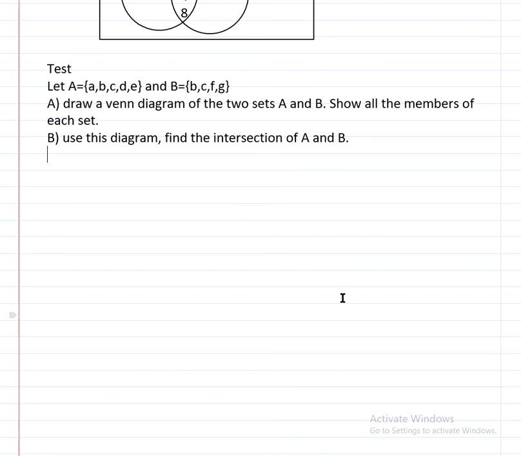It says let A equals the set of A, B, C, D, E and B the set of B, C, F, G. So draw a Venn diagram of the two sets, A and B. Show all the members of each set.